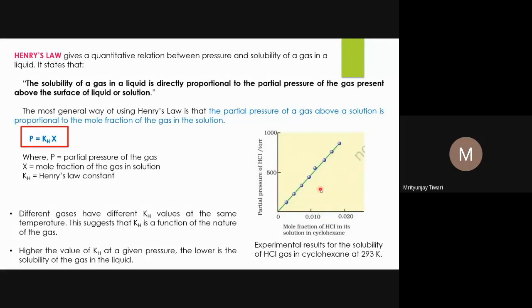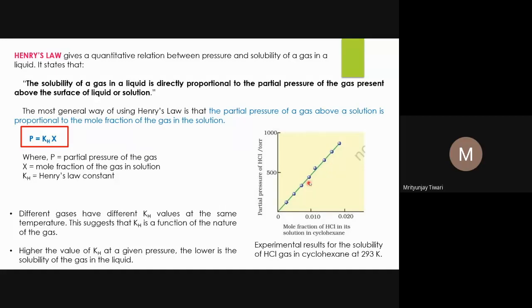I think you understand slope. If I go from 0 up to this place, I have traveled a lesser value of y but the same extent in x, which means y divided by x will be lesser. So the Henry's law constant will be lesser if that straight line goes below this graph.